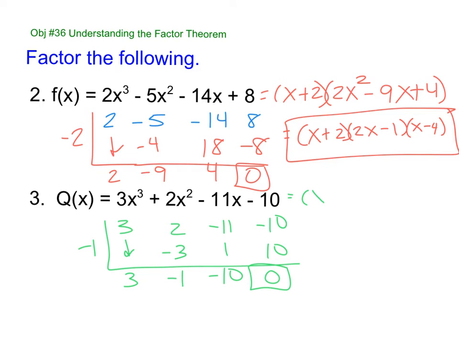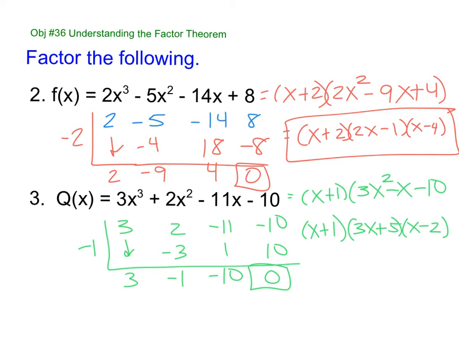So this becomes x plus 1, change the sign, 3x squared minus x minus 10, x plus 1, 3x and x, this has to be a 6, minus 6 plus 5 gives me negative 1. That's it. So if we had tried, for instance, negative 5/3, that one would have worked for the q of x. But I tried to avoid that as much as possible.